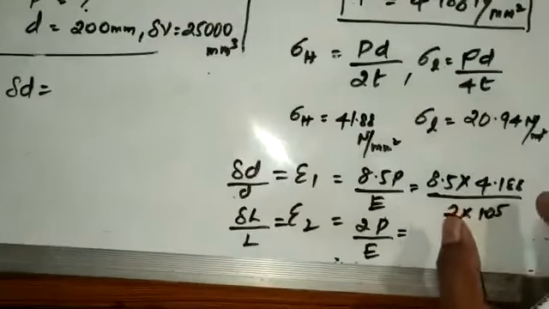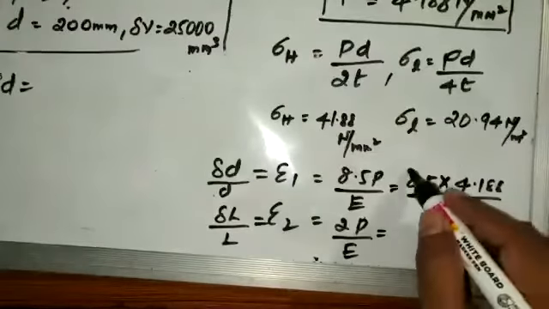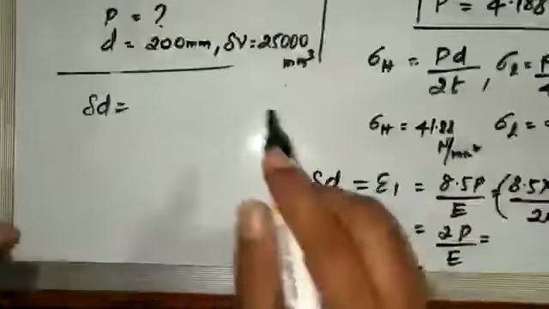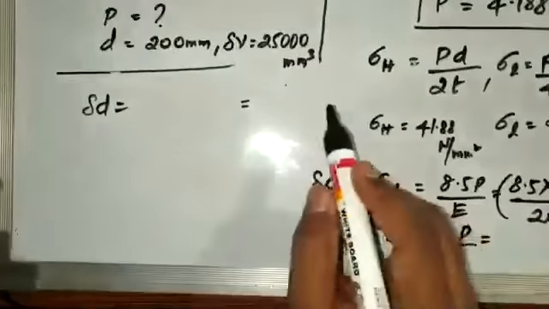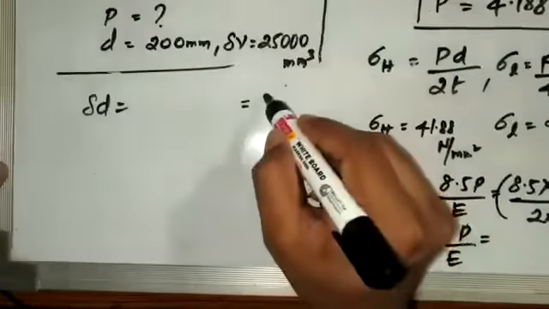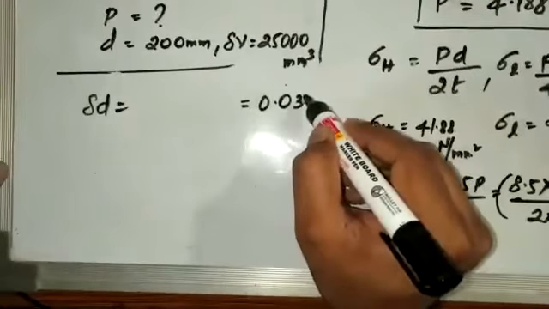What value are you getting? Whatever value you are getting, you multiply that with the d. So the change of diameter you must be able to get is 0.0356.